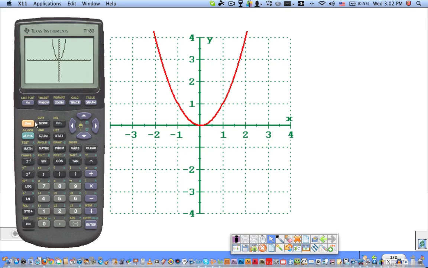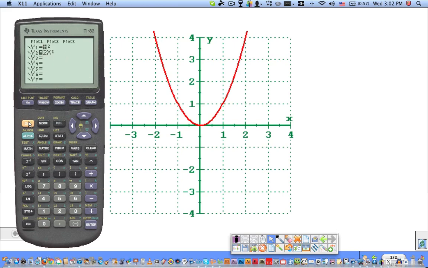So you could, by hand, plug in some x's and get some y's if you want. Or, based on the calculator, go to your table. Notice up here, table. So go to second table, and right here is all your coordinates. So let's put these on the graph over here. So this is how you graph. Step 1, type it in the calculator.